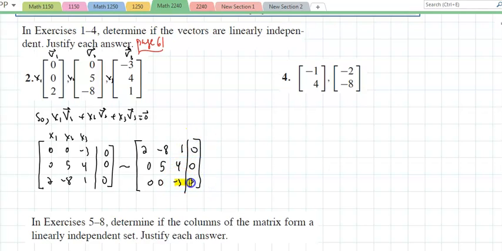Do you see that 3x3 equals 0? If you put that in there, doesn't that mean 5x2 equals 0, which means x2 equals 0? And if you put 0 there and 0 there, if 2x1 equals 0, doesn't that mean the only solution here is the trivial case? Which means what? Those are linearly independent.